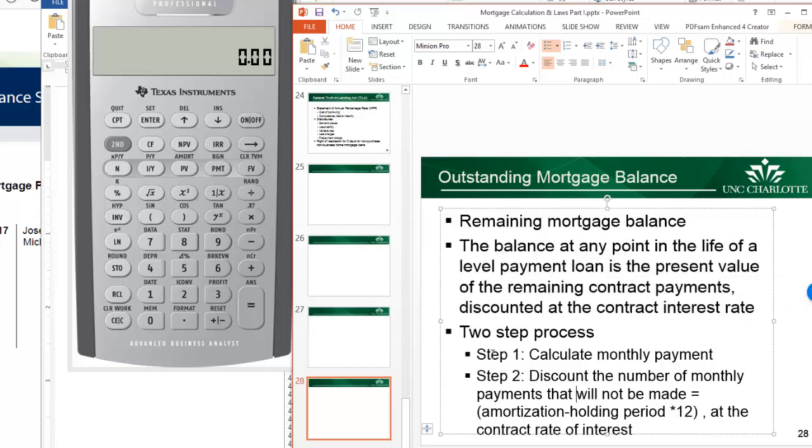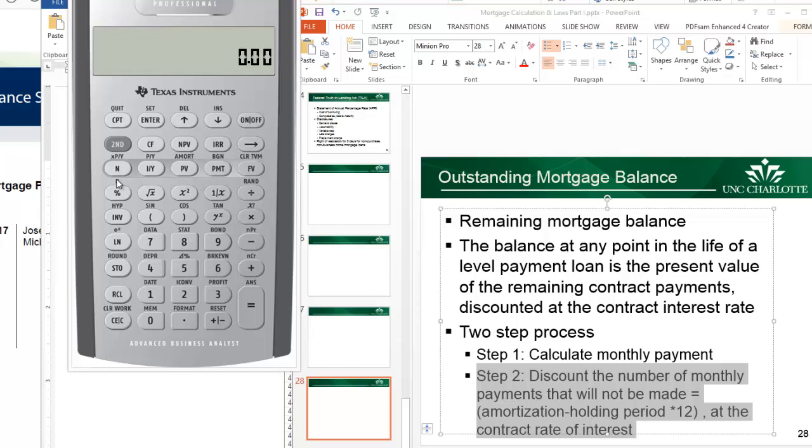And it's a two-step process. Step 1, calculate monthly payments. Step number 2, discount the number of monthly payments that will not be made yet. All right. So basically, on the calculator, once you have your payment calculated correctly, just change your N and then solve for present value, and that's going to give you that outstanding mortgage balance.